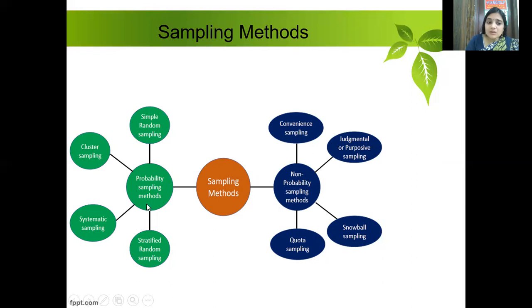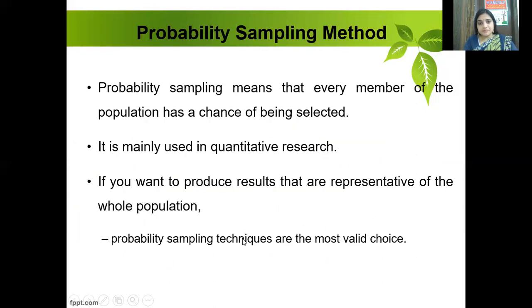Let us start with probability sampling. Probability sampling means that every member of the population has a chance of being selected. They have an equal chance of being selected. We consider that there would be no bias while selecting the sample. It is mainly used in quantitative research.